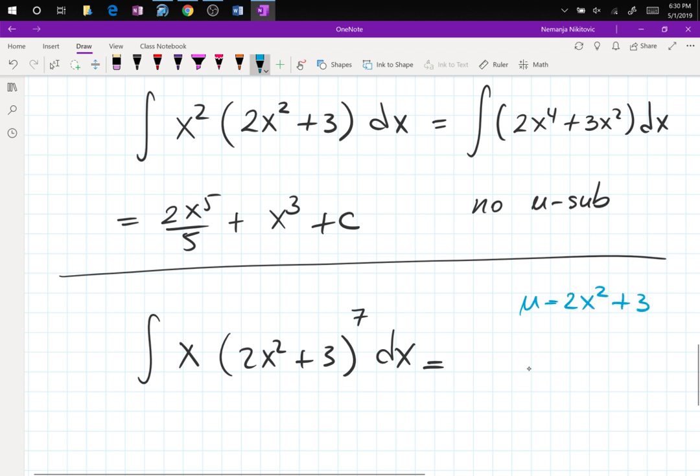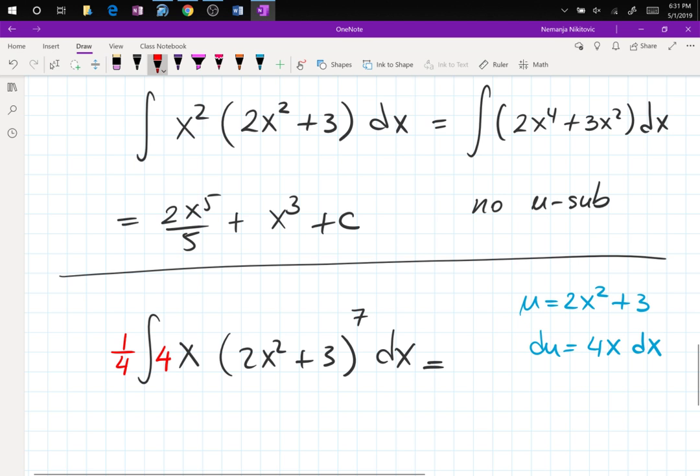Now I'm going to teach you a different trick, so pay attention. du is equal to 4x dx. Do you have 4x? No. So if you are a constant off, you can write in what you need, and then balance it on the outside.